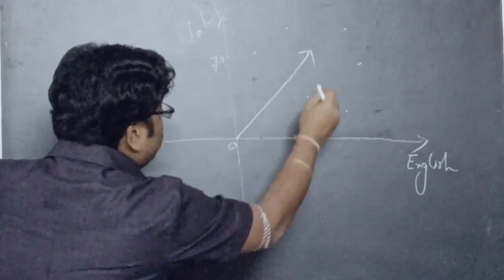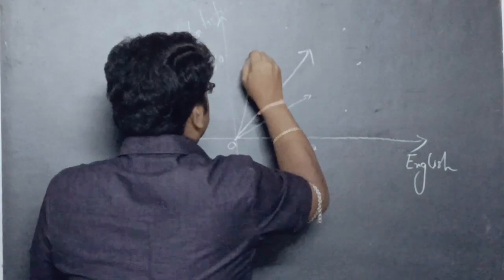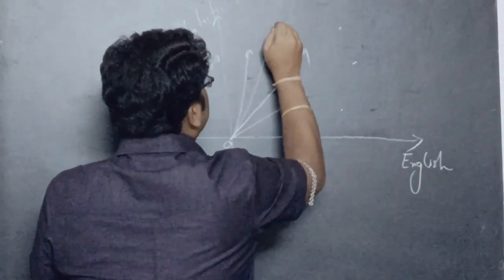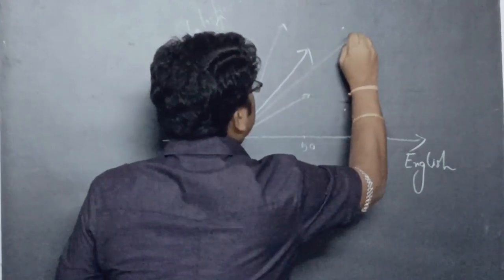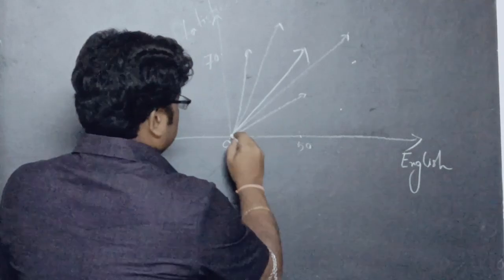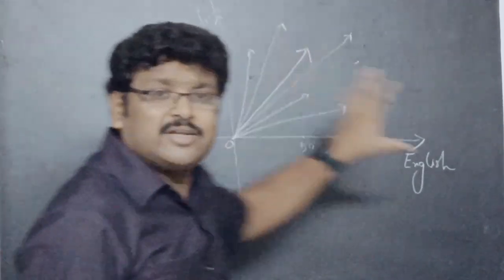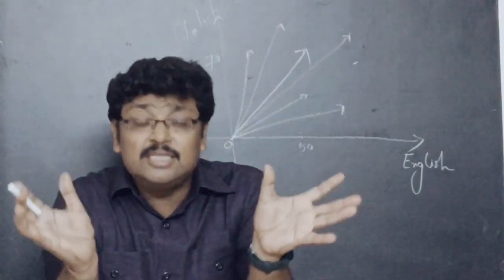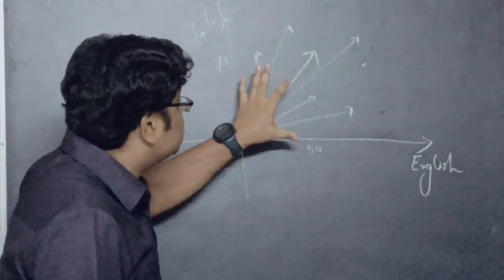So all these points represent a particular vector. Now, there are so many vectors, so this is nothing but the vector space.